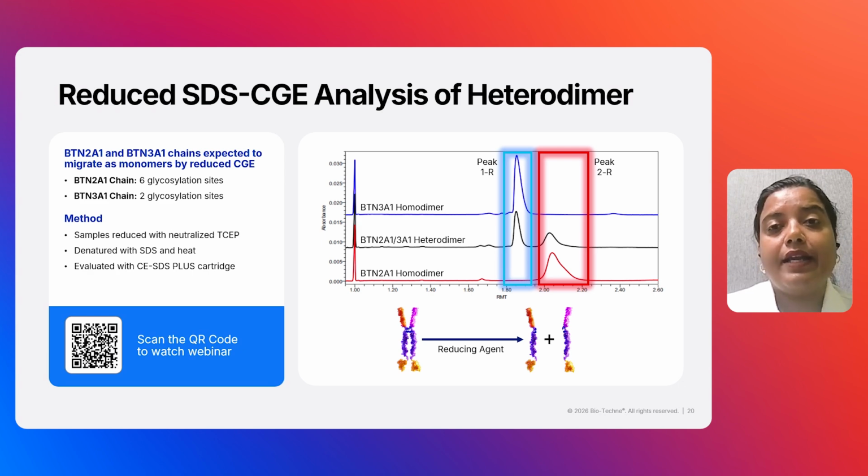Each peak had an identical migration time to the peak contained in their homodimer controls. Meanwhile, the homodimer controls each contained one peak with a significantly different migration time from one another. The two chains have nearly identical theoretical molecular weight, but have a four glycosylation site difference between them.